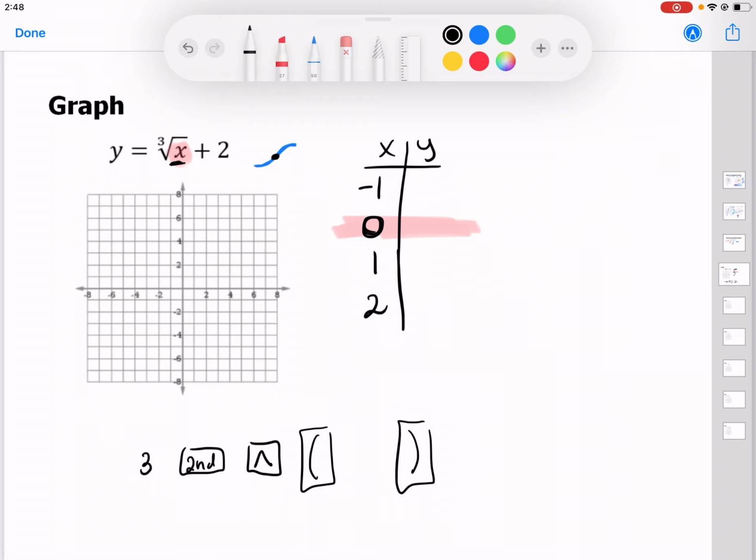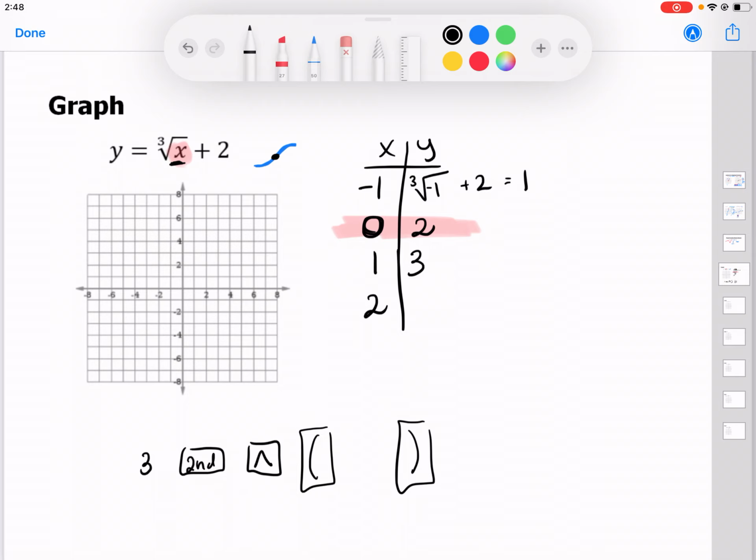Okay, so you're just going to go ahead and type in cube root of -1 and then plus 2. Notice the plus 2 is on the outside. And you type that in, or you do it in your head, and you get +1. If you do the cube root of 0 plus 2, you get +2. Cube root of 1 plus 2 is 3.